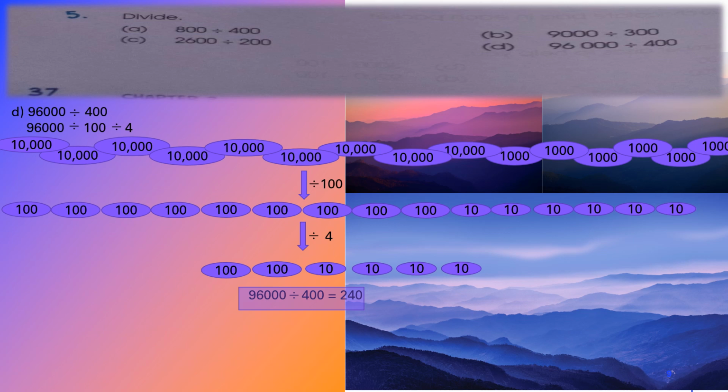When these discs are divided by 100, we have 9 discs of 100 and 6 discs of 10. These discs are further going to divide by 4, and we have 2 discs of 100 and 4 discs of 10, which means 240. This is our answer.